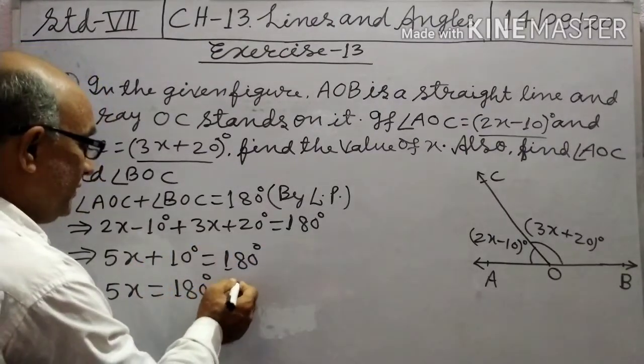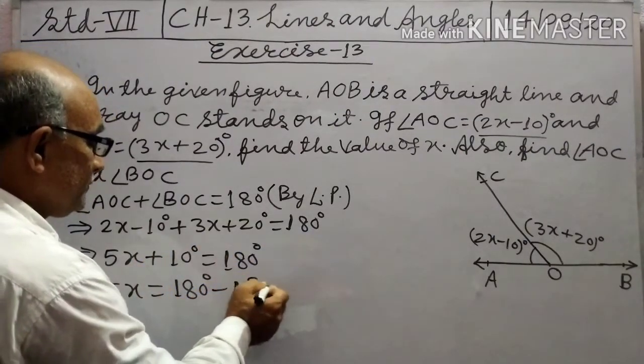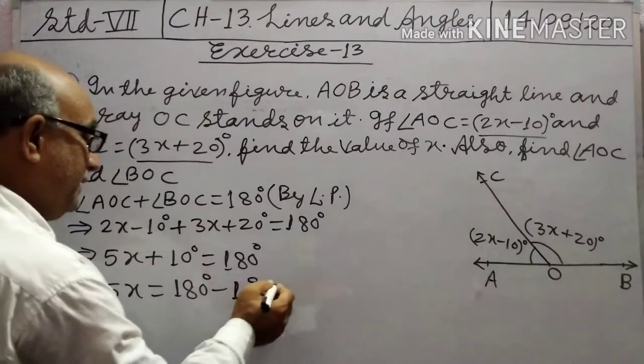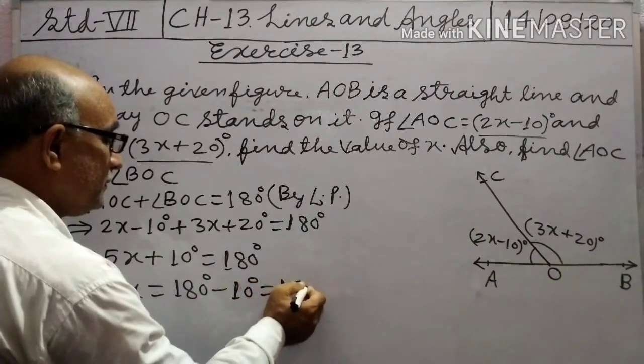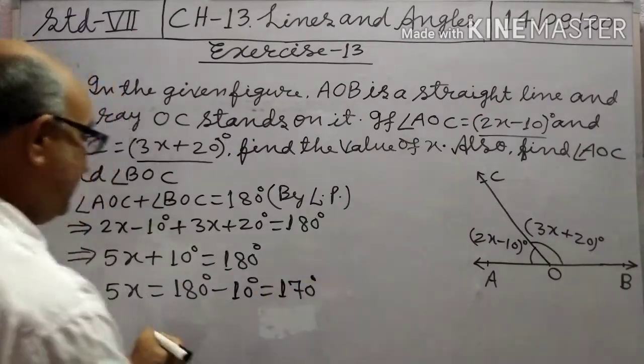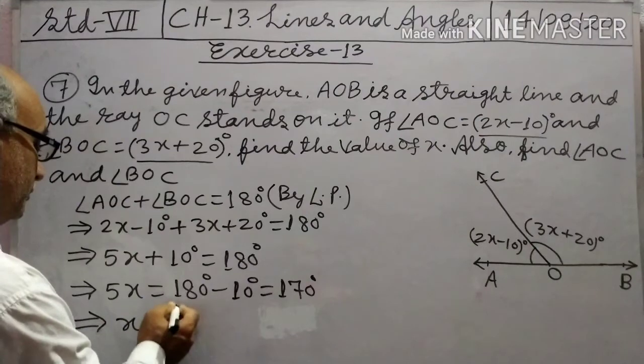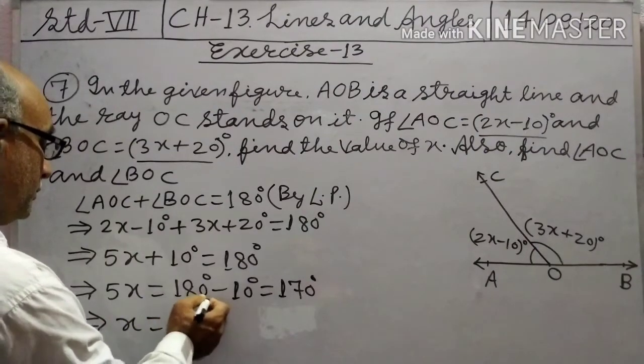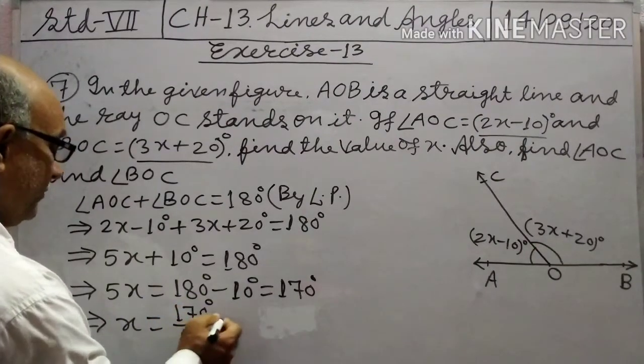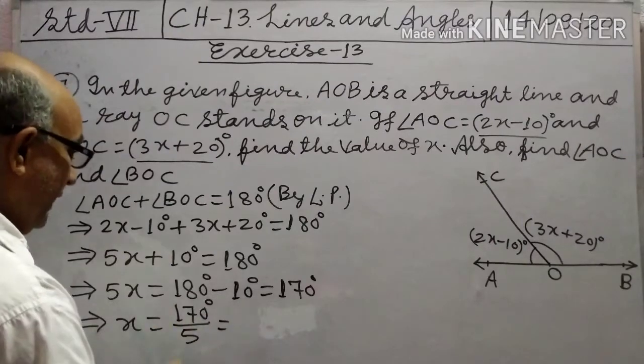Changing to minus 10 degree, 180 degree minus 10 degree equal to 170 degree. That implies x equal to 170 degree by 5, divide it.